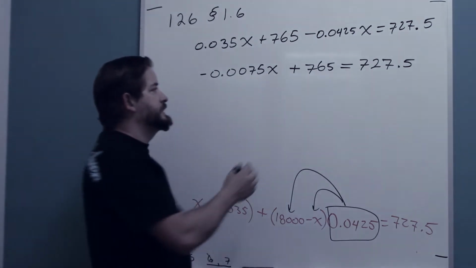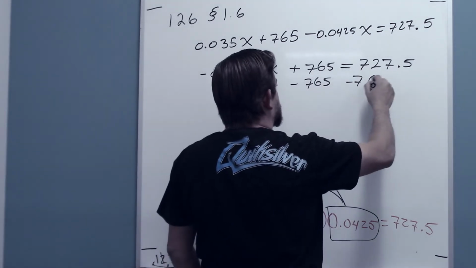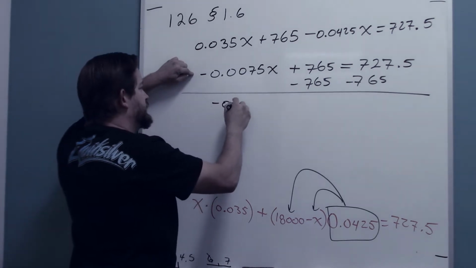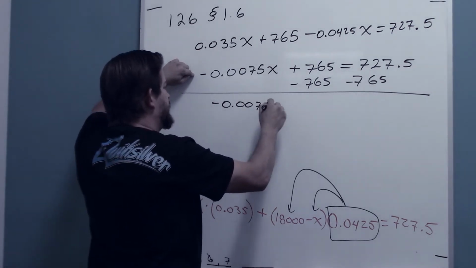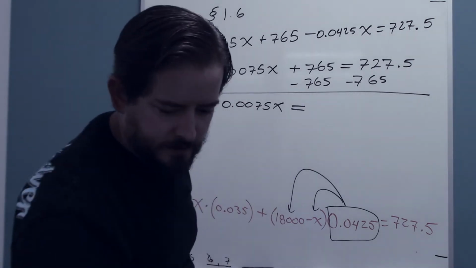Okay, subtract 765 from both sides. That leaves me with this negative 0.0075x equals, I don't know what that is.